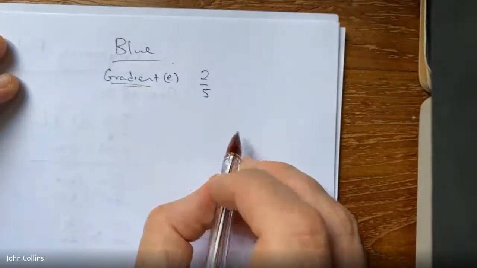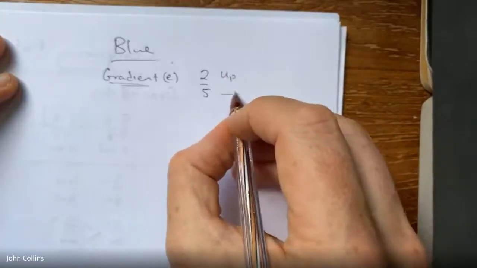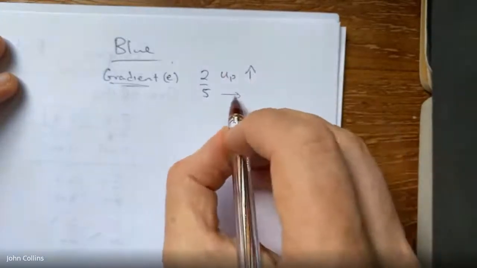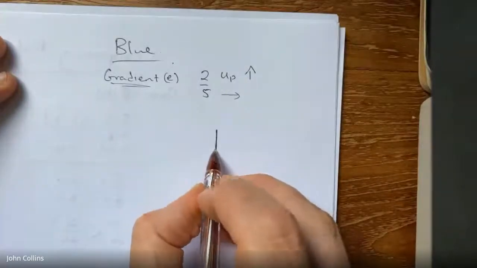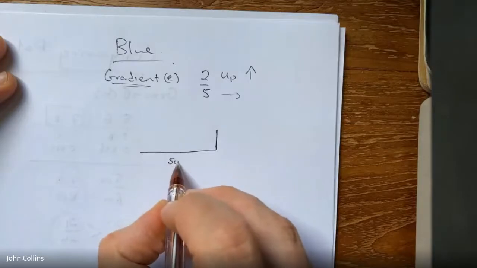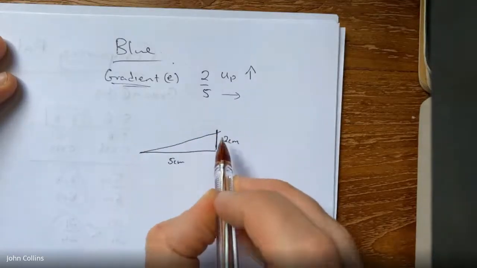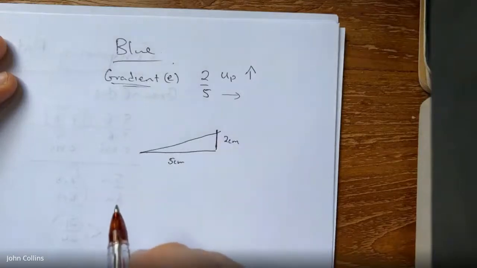Remember, it will go up 2 for every 5 it goes across. So 2 units up and 5 units across. You draw it out maybe 5 centimeters to 2 centimeters, and then to complete the triangle, you just join the corners like so.